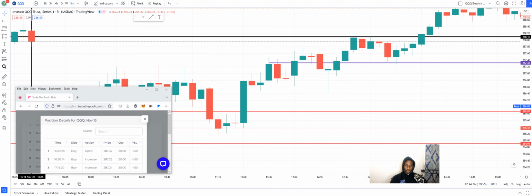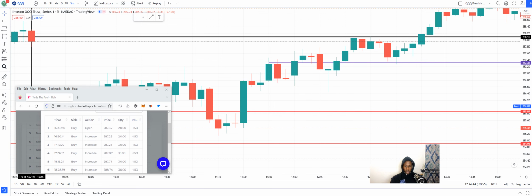So entered with 20 shares there at 28732, and then entered for another buy at, let me see, 1150. So that's this candle, and 28725.